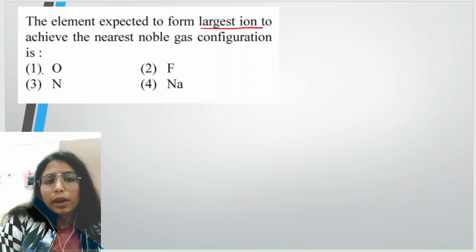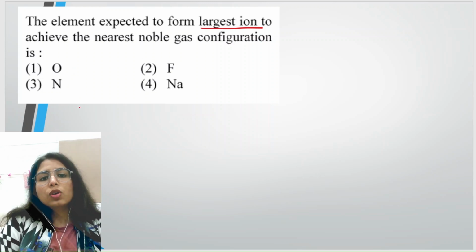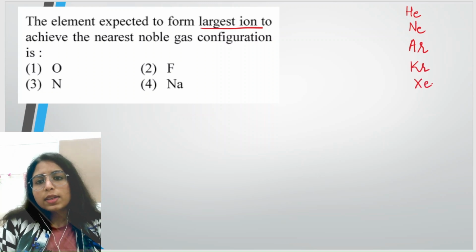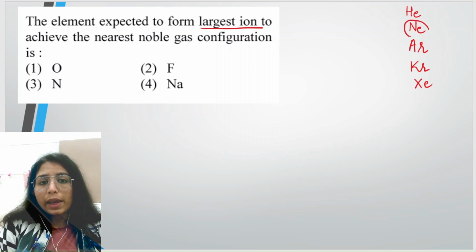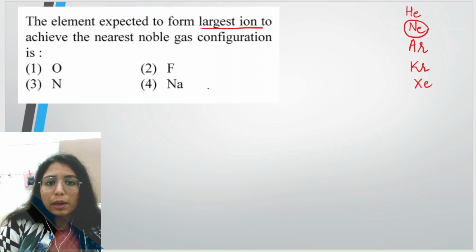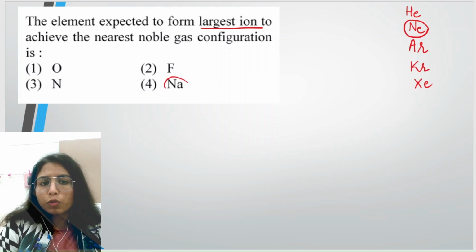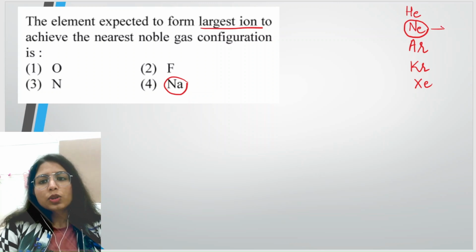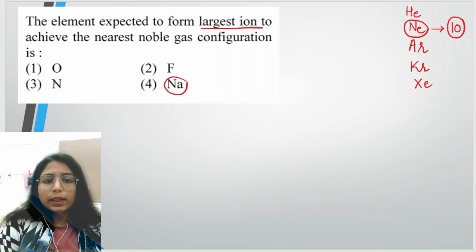Here, what are the possible nearest noble gas configurations? Hydrogen, helium, neon, argon, krypton and xenon. This is the set of your noble gases, right? And all of these are second period elements, so basically here, except for sodium, for the second period the nearest noble gas is neon, which has atomic number 10.